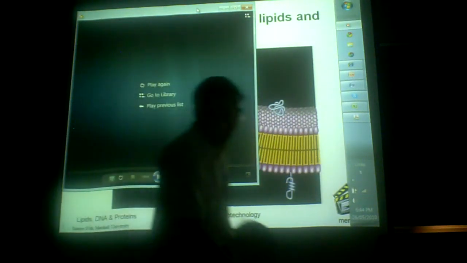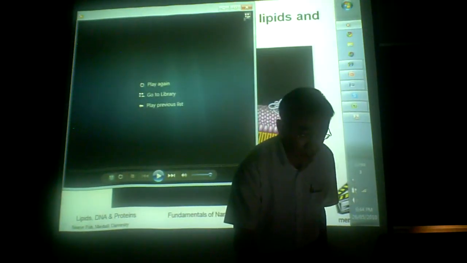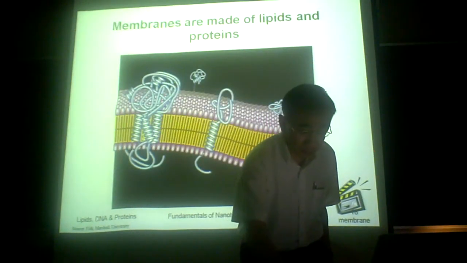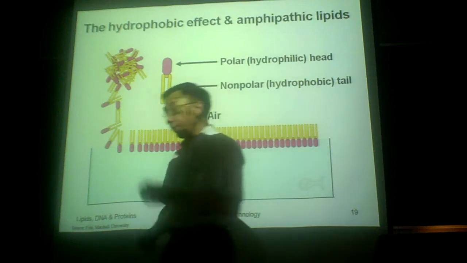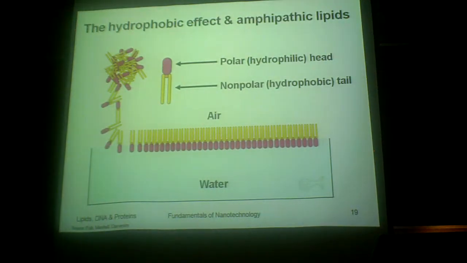Okay, so you find that these lipid molecules and the other system are very, very important in the membrane properties and functions. So you take a lipid, for example, that is comprised of a polar hydrophilic head group and a non-polar hydrophobic tail, and then you add them onto the air-water interface.